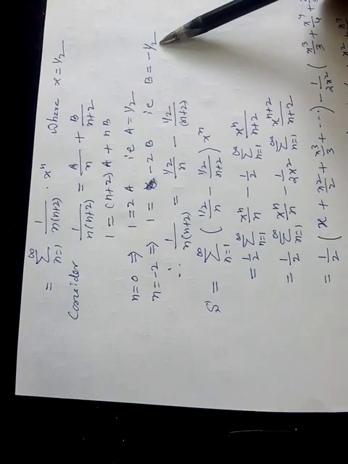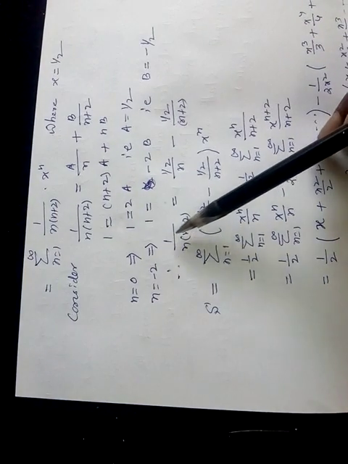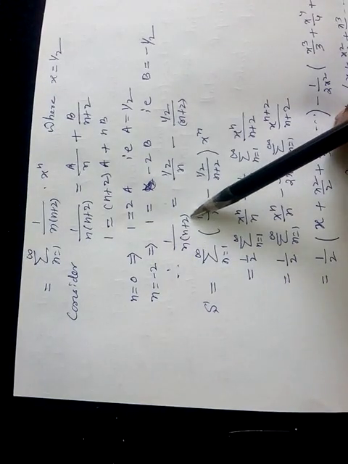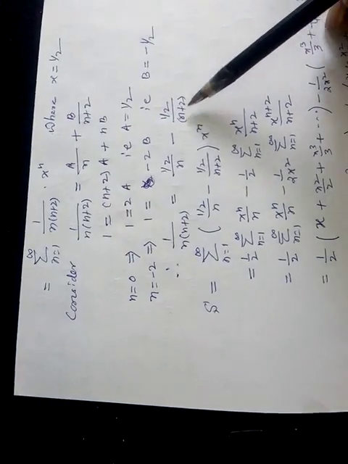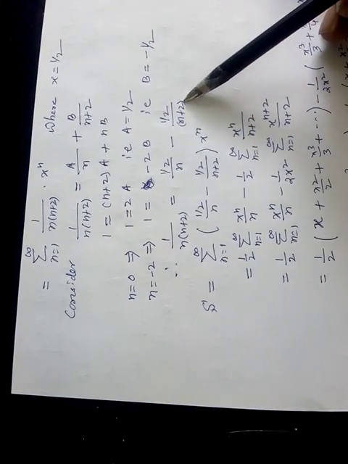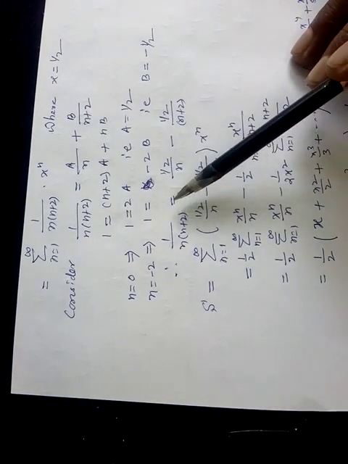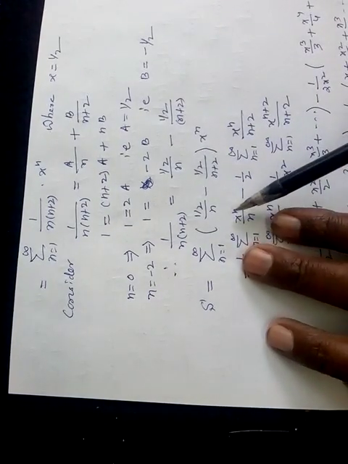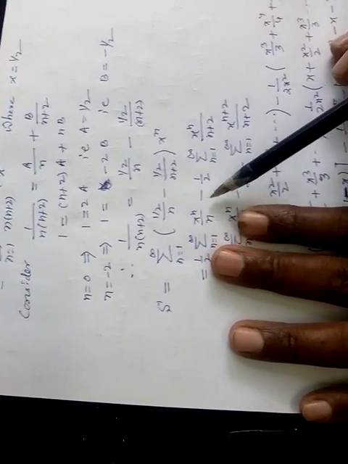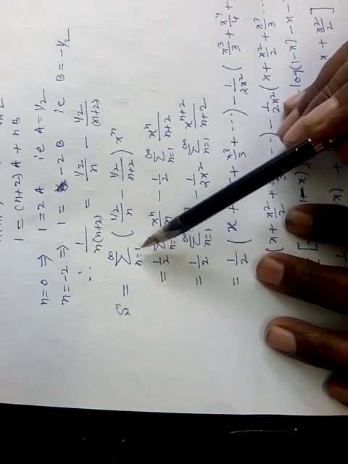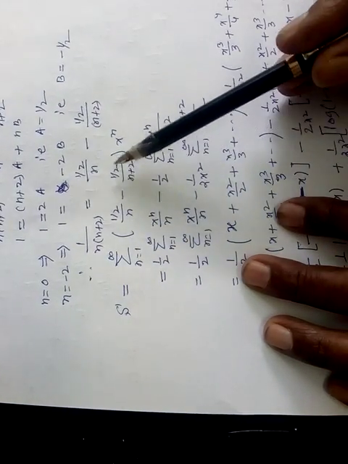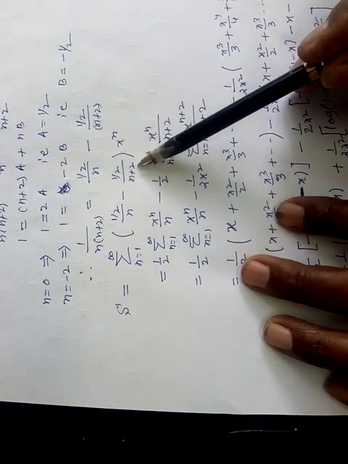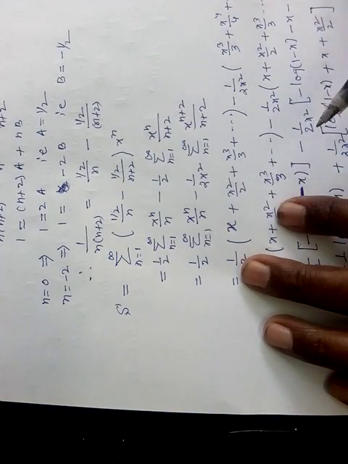Here it is not necessary to explain how to find the partial fraction. So the partial fraction of 1 divided by n into (n plus 2), you will get 1 by 2 by n minus 1 by 2 by (n plus 2). Now substitute this in the summation of the series. Substituting this in the summation, sigma n varies from 1 to infinity, is equal to 1 by 2 divided by n minus 1 by 2 divided by (n plus 2), into x power n.